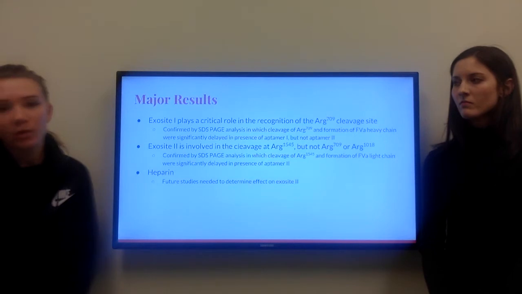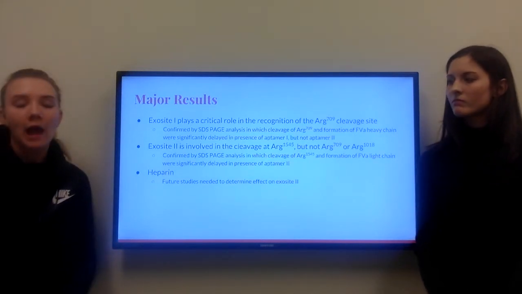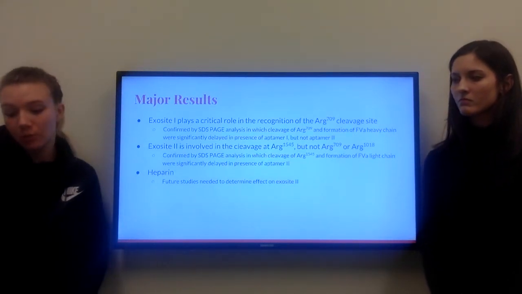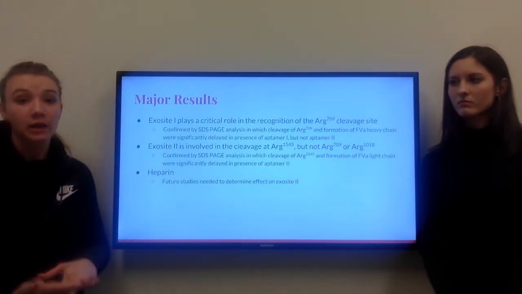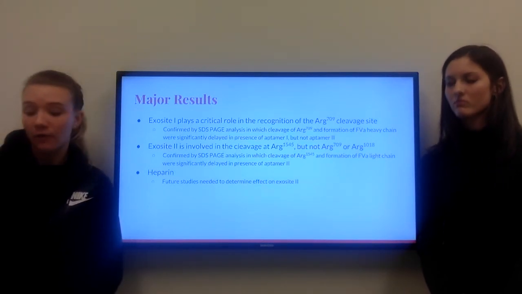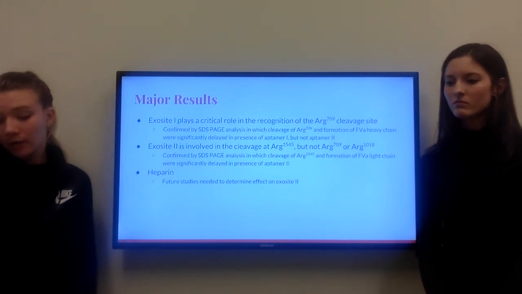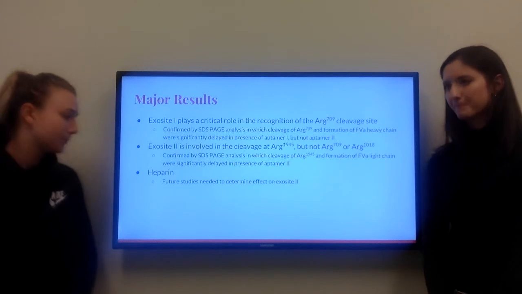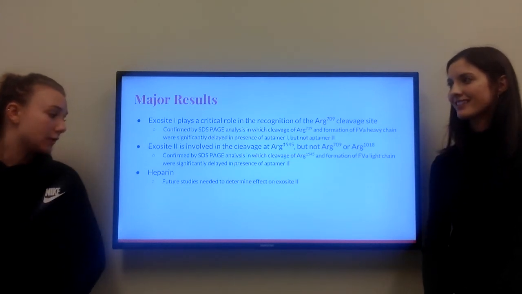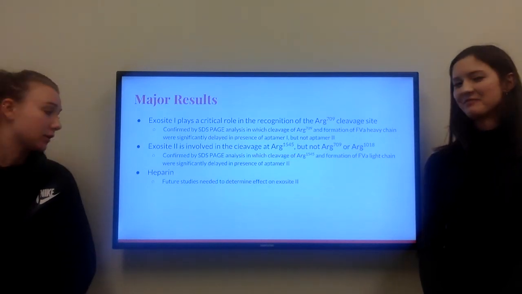And essentially what they said was, okay, aptamer 2, or exosite 2, must be linked to the cleaving of arginine 1545 and light chain formation for factor 5, and exosite 1 must be linked to arginine 709 and heavy chain formation for factor 5. And future studies needed to be conducted for heparin.